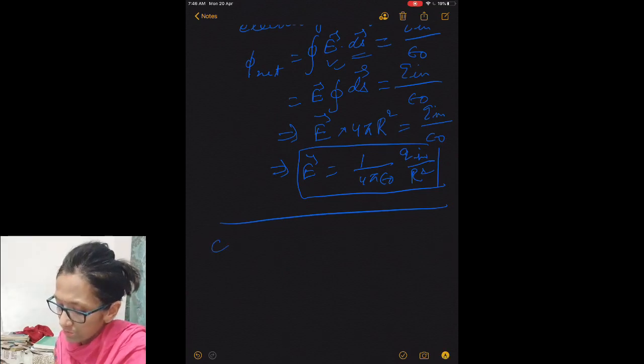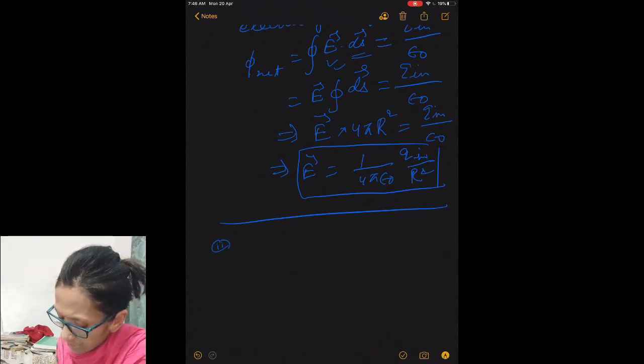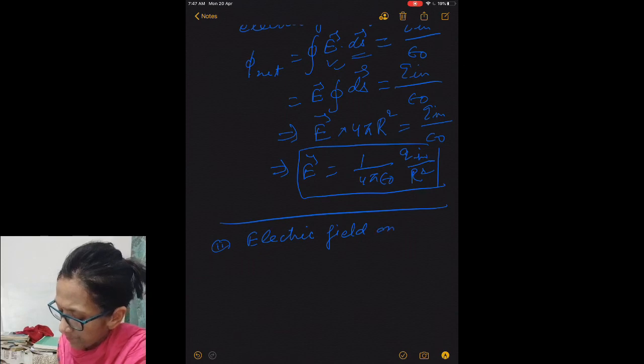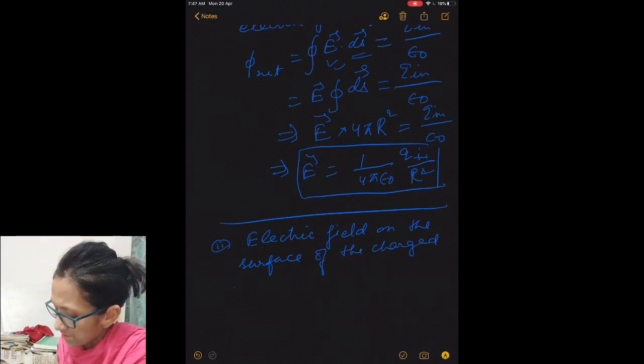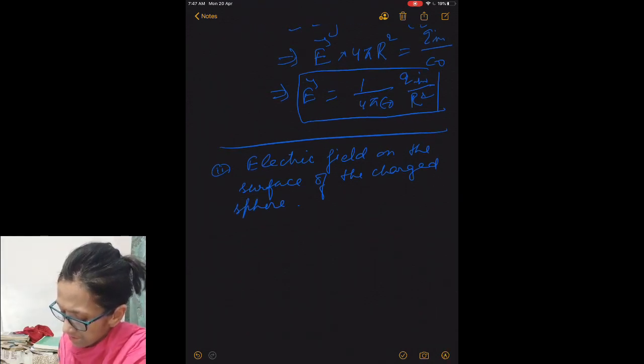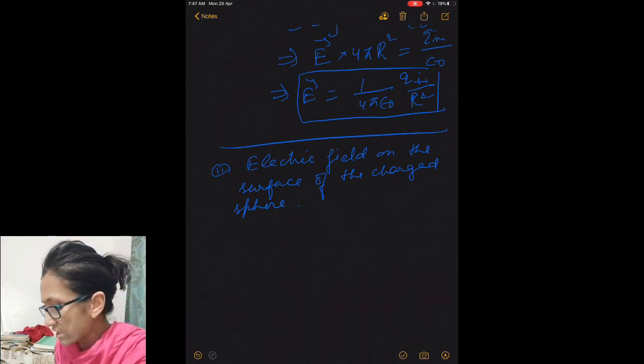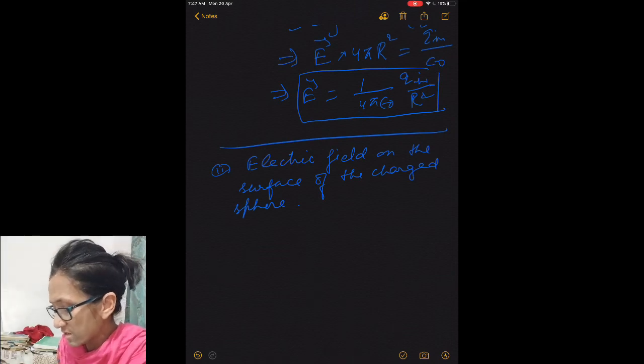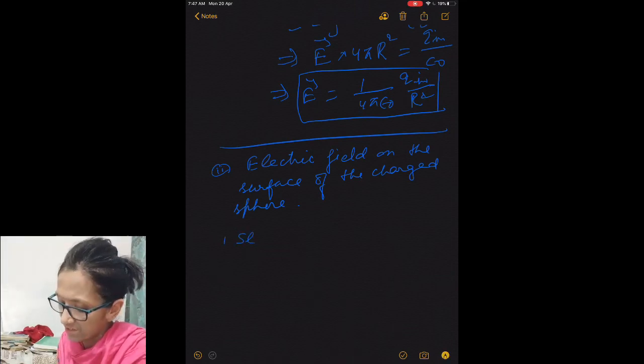Now case 2, question 2: the electric field on the surface of the charged sphere. In this case also, we will draw a Gaussian surface that passes through the surface of the sphere itself.